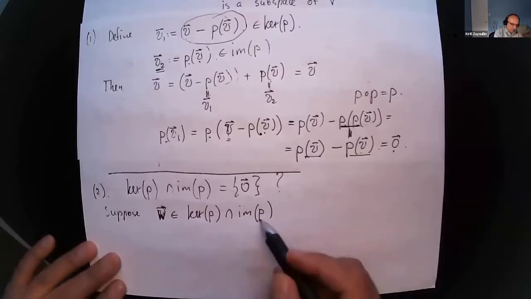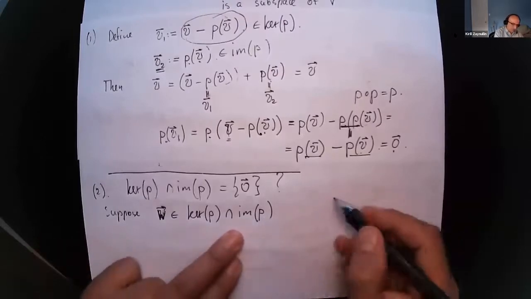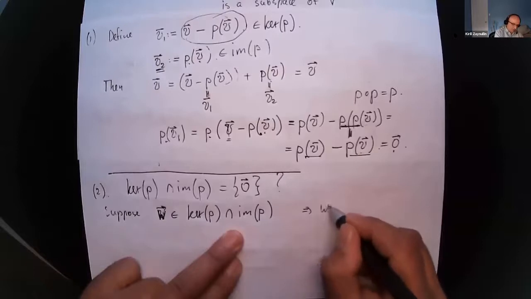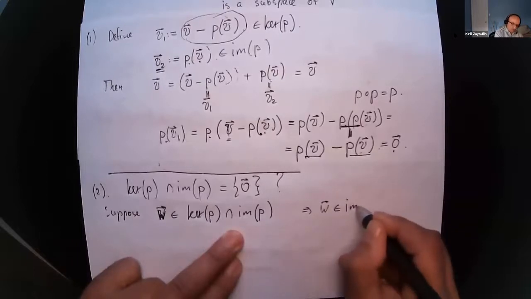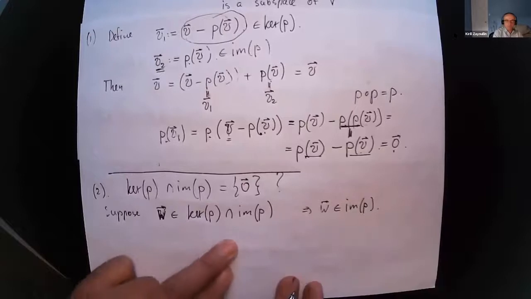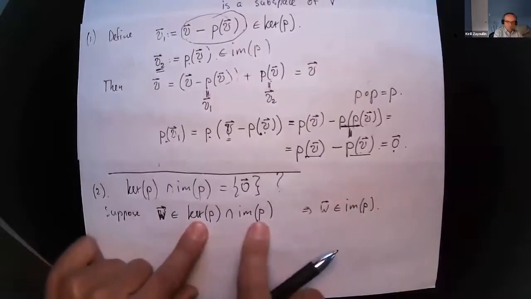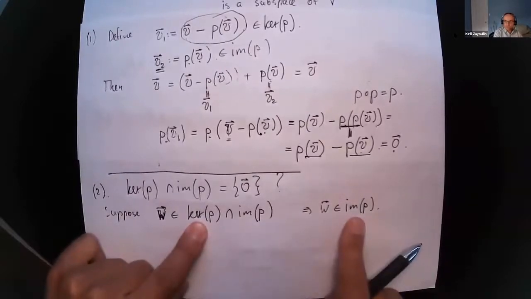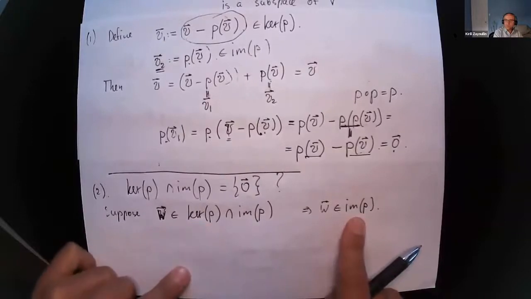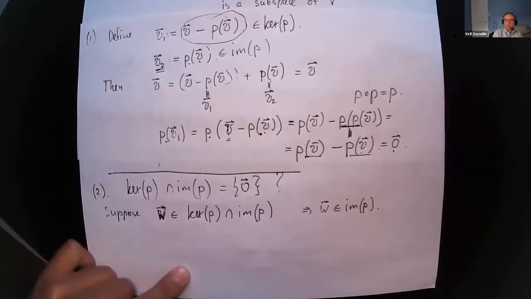In particular, it means that W belongs to the image of our projection. Of course, it belongs to both of them, but in particular to the image. But then you remember that the projection has this basic property that if you restrict it to the image, then this is the identity. A projection restricted to its image gives the identity. This property we proved last time.